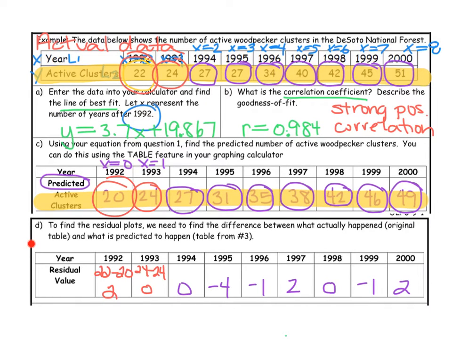So we're going to take this data right here, and we're going to make a residual plot. And what that means is we are going to graph the years after 1992, and then we're going to graph the residual value.